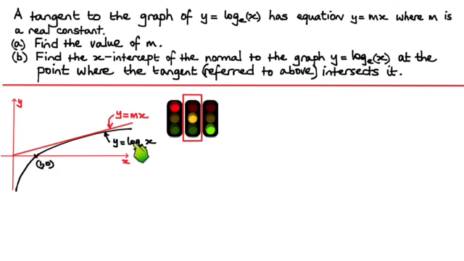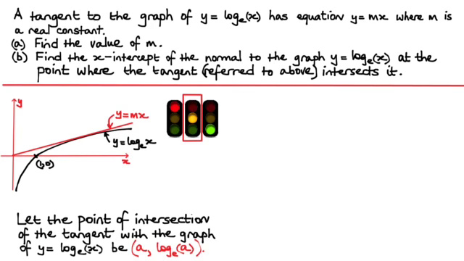We can find the gradient of a log x graph, and then call this intersection point something, for example a and log a, and then we can set up the equation of a straight line. Then we can manipulate that equation so that there is no y-intercept and see what happens. I think that's enough of a game plan for now, so let's go with that and see where we go.